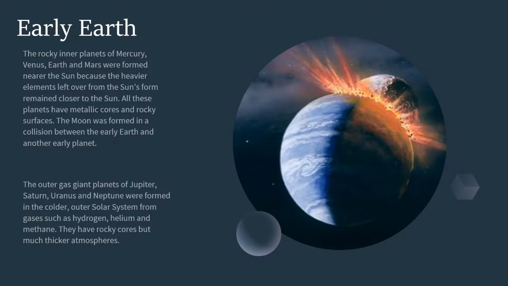Okay, and just a little bit of a note about the outer gas planets. There are gas giants, but they're not entirely gas all the way through. Jupiter, Saturn, Uranus, and Neptune were formed in the colder outer system. That makes a difference because the temperature actually causes the gases to act in a different way.